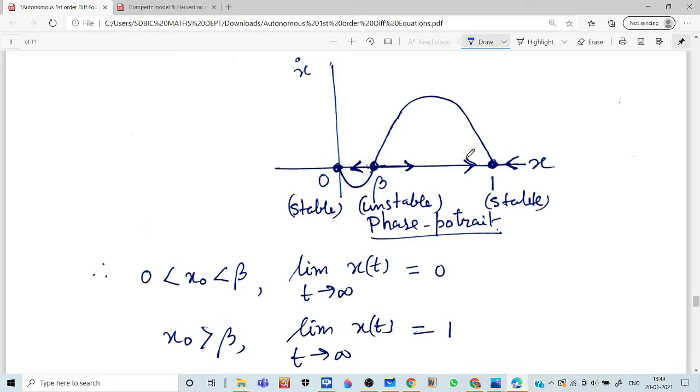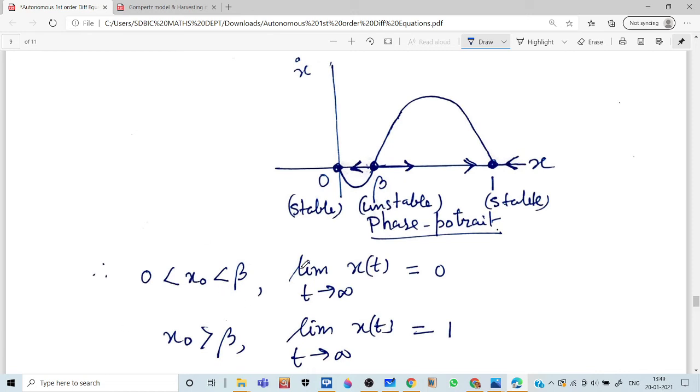So draw the two arrows towards the point 1, and beta is unstable, so draw the two arrows away from beta, and obviously note that 0 is also stable, so arrows go to the point 0.